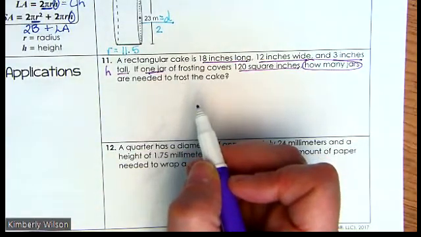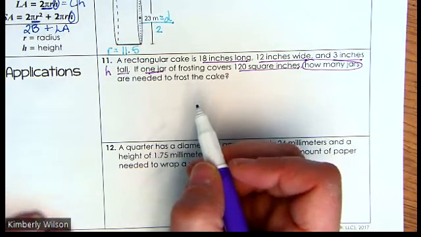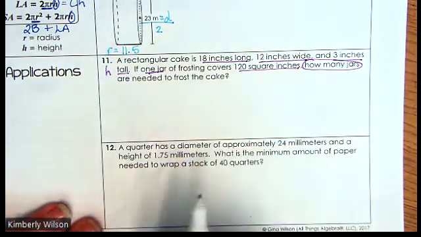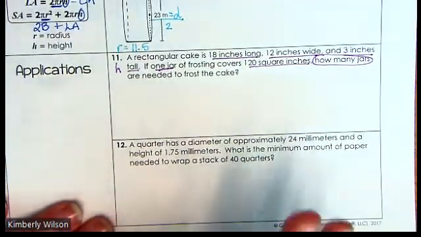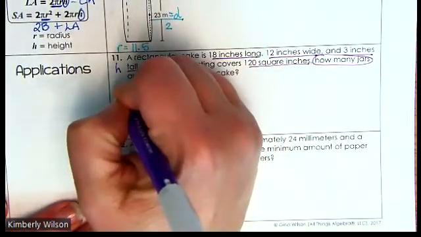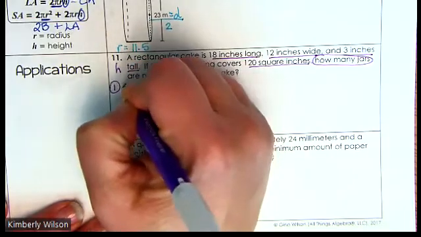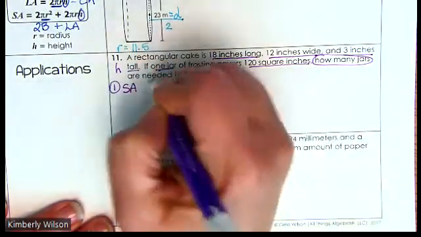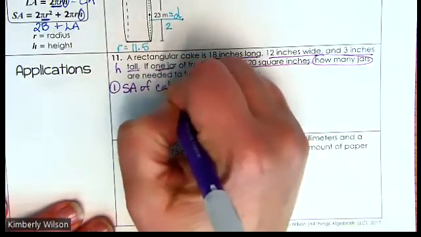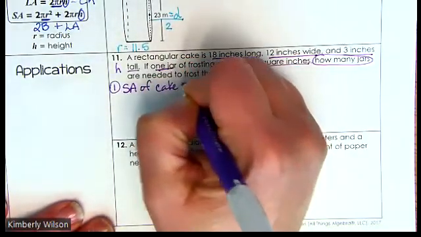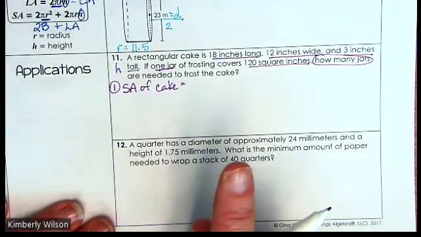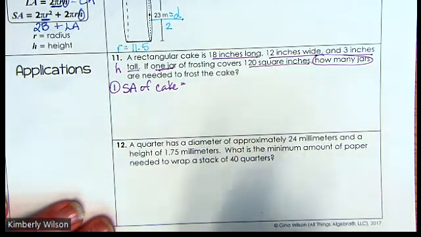Okay, well, first things first, I got to figure out how much it takes to cover one cake. So I've got to find the surface area. But oh, wait a minute. Do I frost the bottom of a cake? That should unanimously be no. So the first step here is we've got to figure out the surface area of the cake. That's going to be done by, instead of having 2 bases, it only has 1.